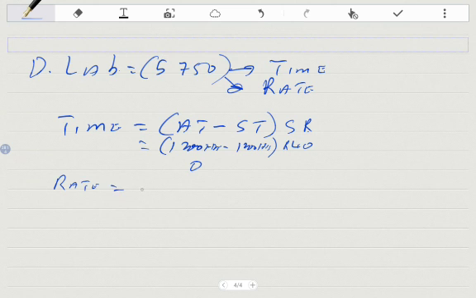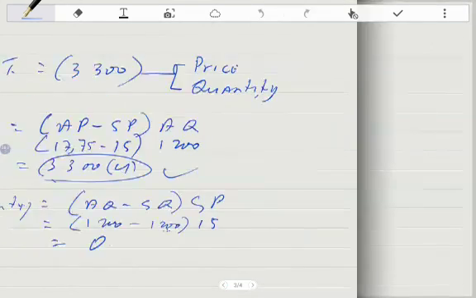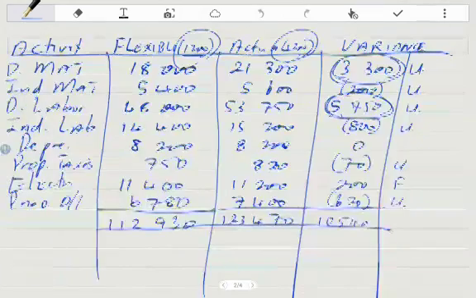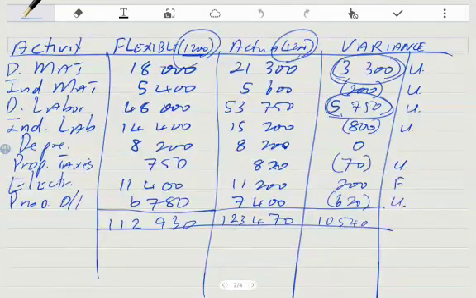So again, I will say actual rate minus standard rate, then we multiply that by actual time. The standard rate we already have there is 40. So let's go and work out what will be our actual rate. Actual rate, you come to this 53,750 and you divide it by 1,200.